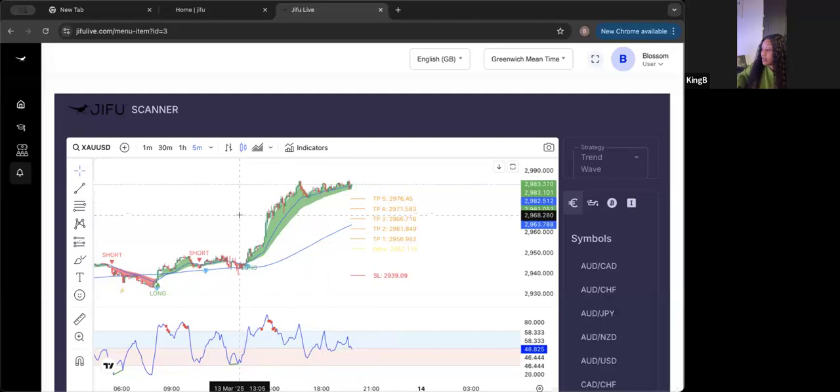So these are the steps that I take to take trades on Trendwave. The first time GFU launched, I backtested this on my demo.